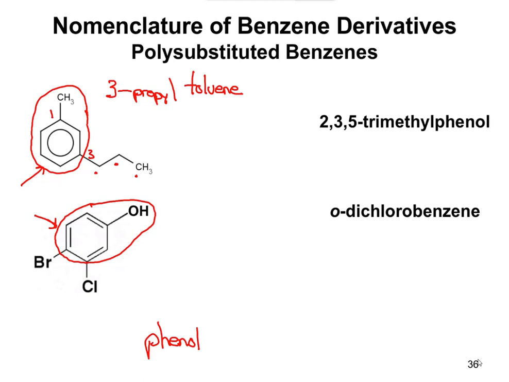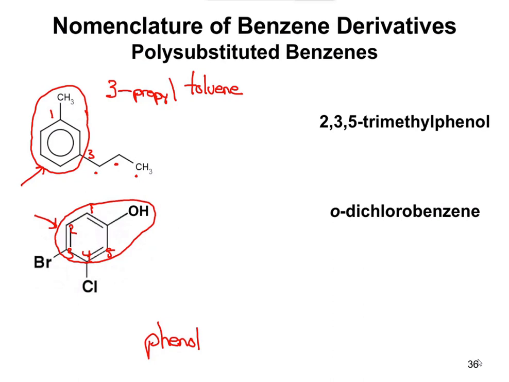Well, if I go counterclockwise, it would be 1, 2, 3, 4, and 5, right? Oh, nope, that's not right at all. Whoops. Wouldn't be 1. 1 automatically goes on your OH.